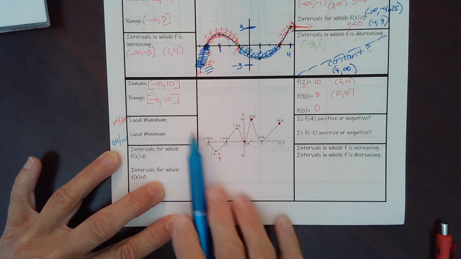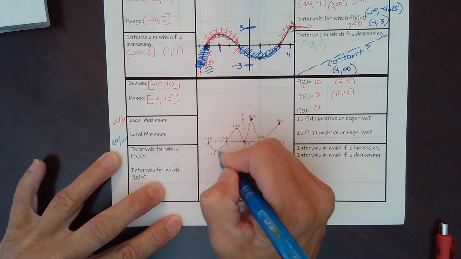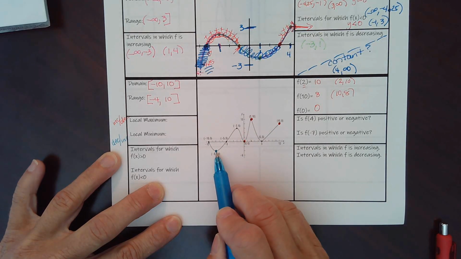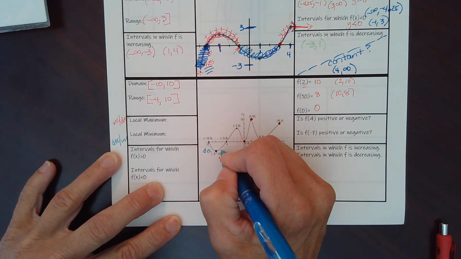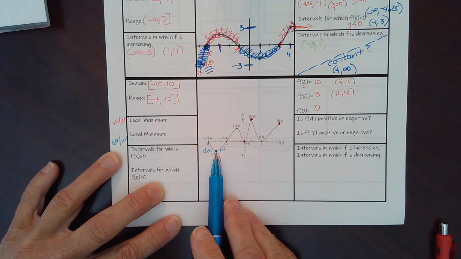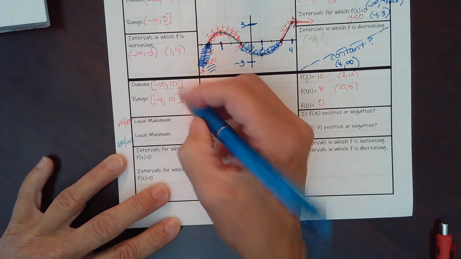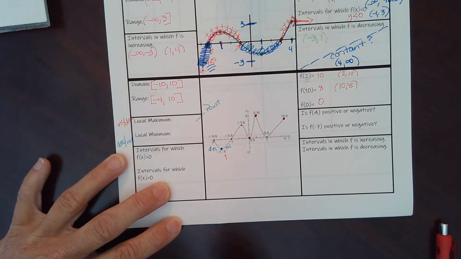As I look at my graph left to right, my graph at this point changes from decreasing to increasing. So I have a local minimum, and these are points. These are always points, okay? A single point. It's not an interval, it's a point.